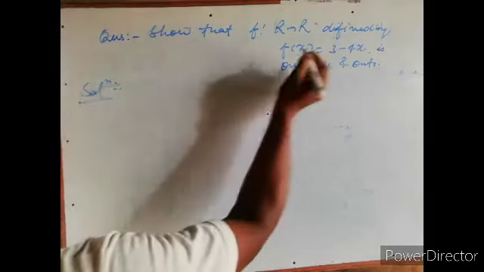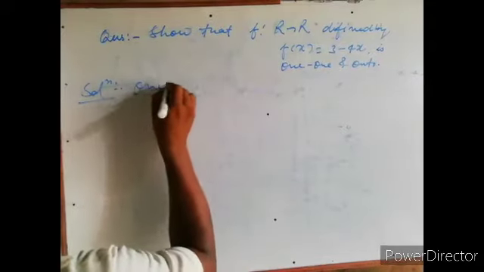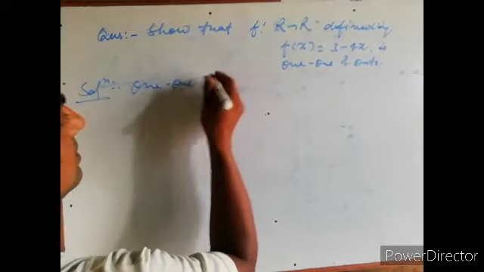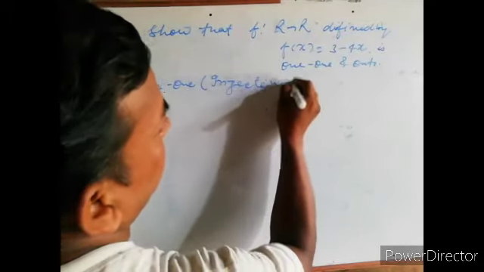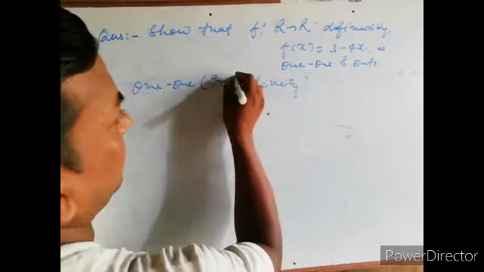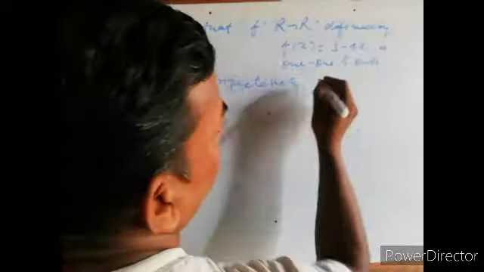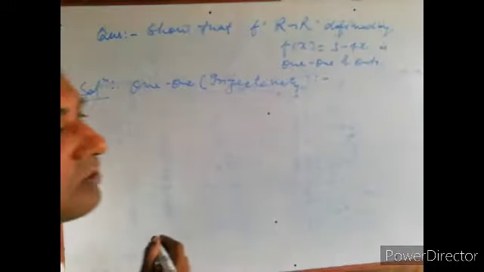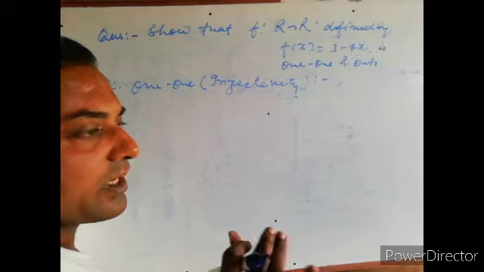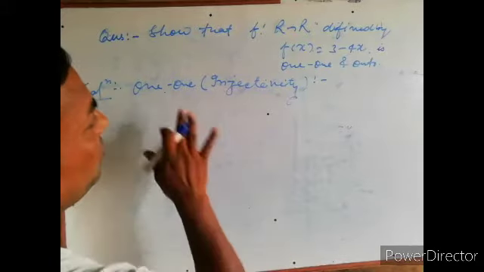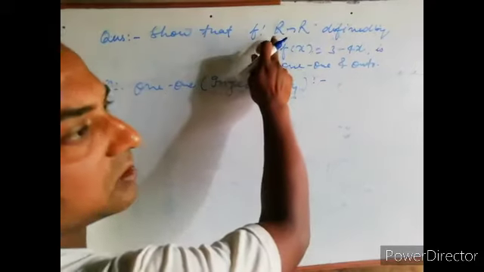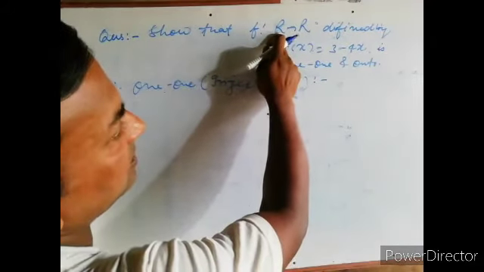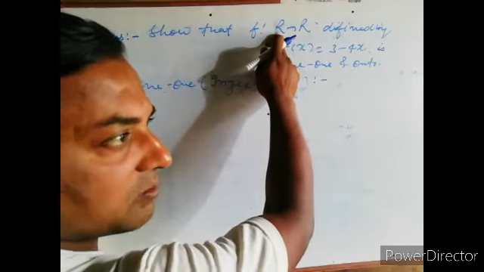First, we show that this function f is one-one function, that is injectivity. To prove a given function is one-one, we take any arbitrary element in set A, that is domain. Here set A is set R, means set of real numbers.